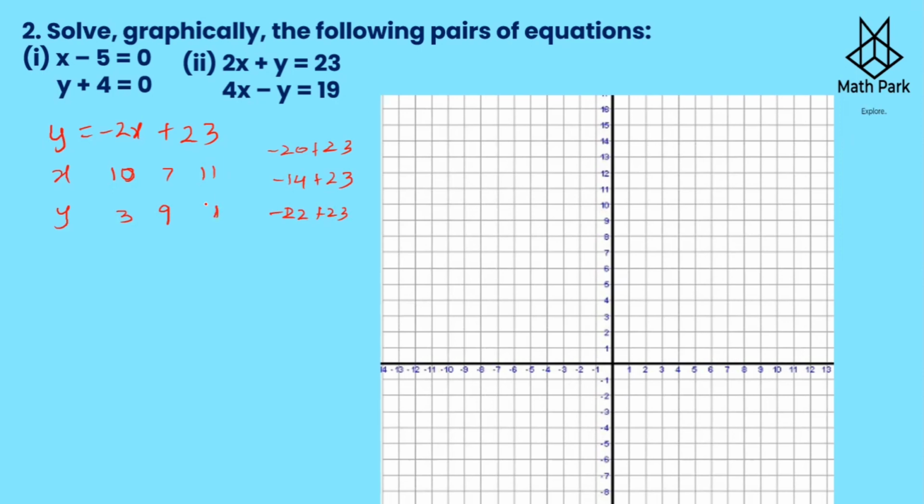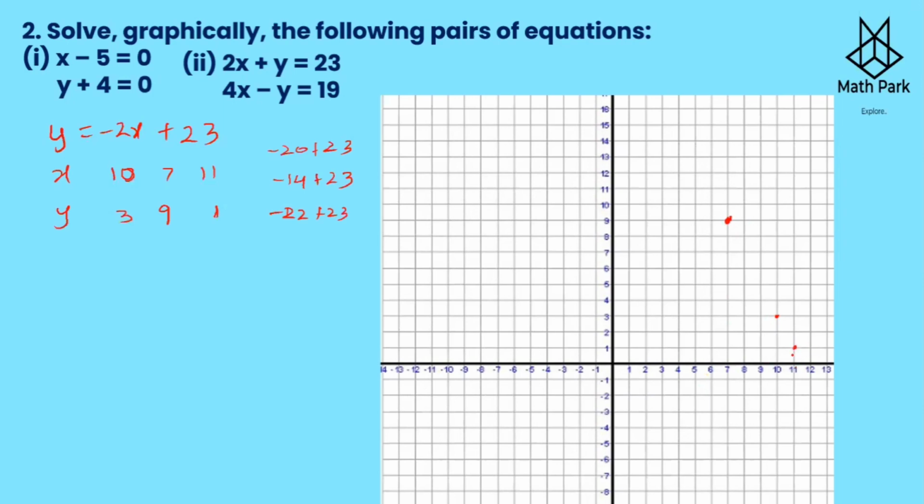Let us draw the line for this, 2x plus y is equal to 23. So 10, 3 is this point. Then we have 7, 9. So x is 7 and y is 9, this point. Then we have x is 11 and y is 1, 11 and 1.